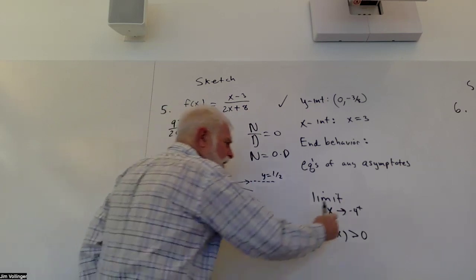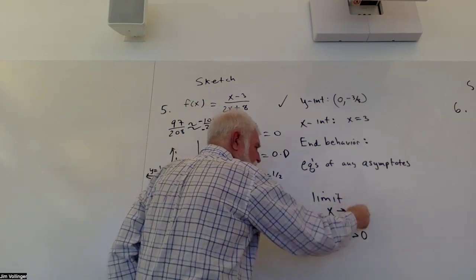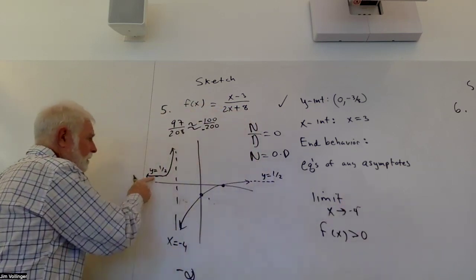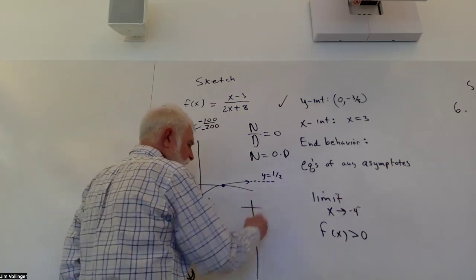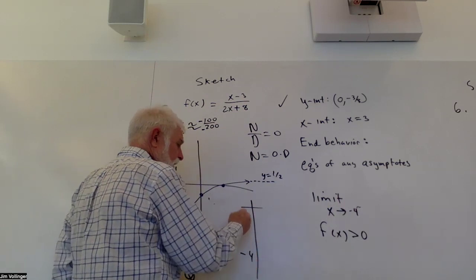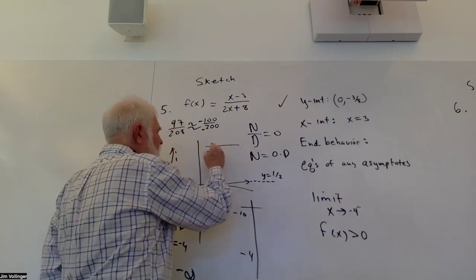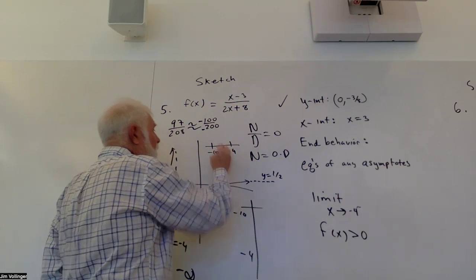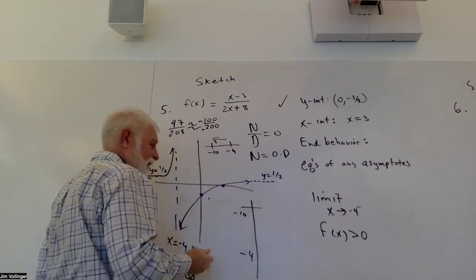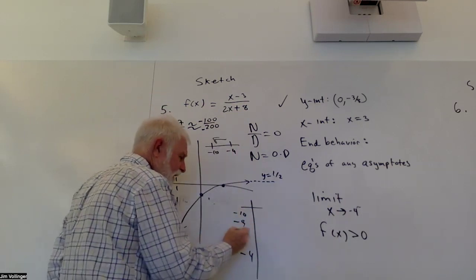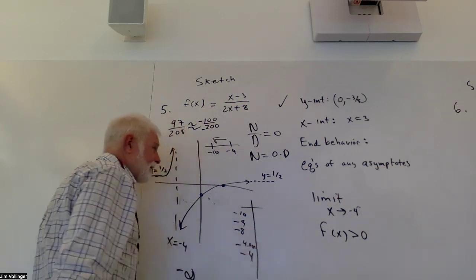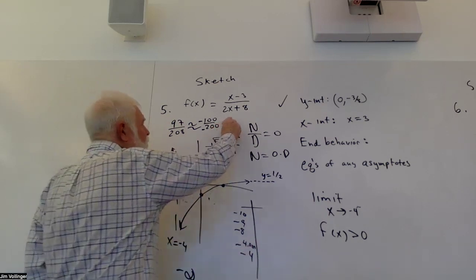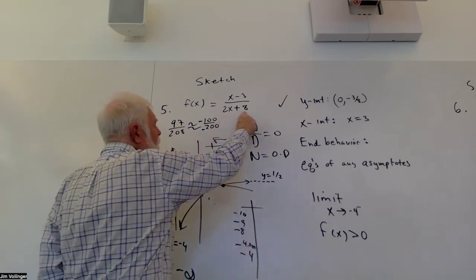And then you say, what would happen if I come in from the left? What's it mean to come in from the left? Well, here's -4. Here's -10. Where is -10 compared to -4? It's left of -4. So if I come in from the left, -9, -8, -4.001, it's useful to see what happens when you put -4.001 in here.